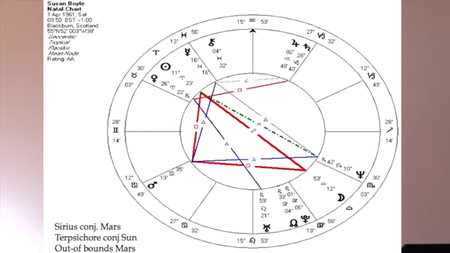So let's have a little look at her natal chart, and then we'll have a little look at the progressions, directions and transits for the year that everything kicked off for her. In her natal chart, we won't look at all the chart, but you'll notice that there is a tight T-square involving Sun, Moon and Mars.